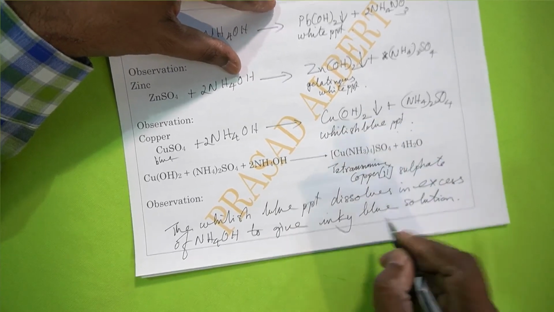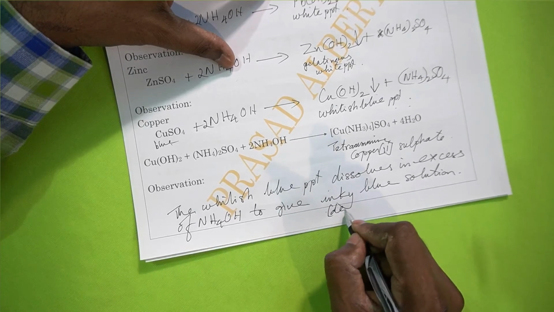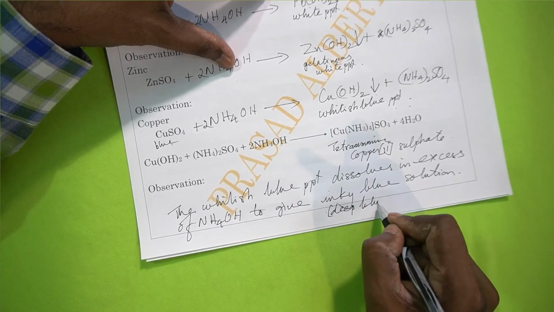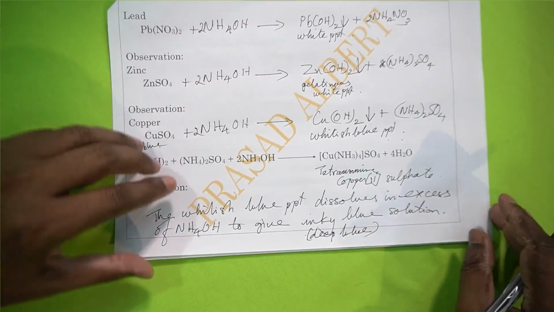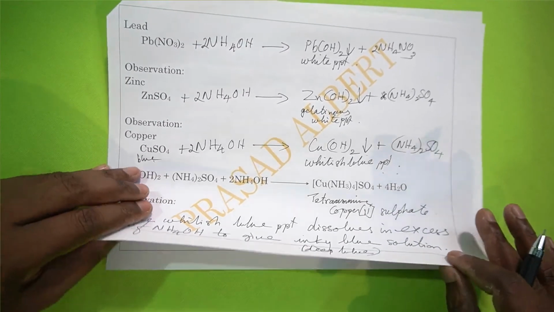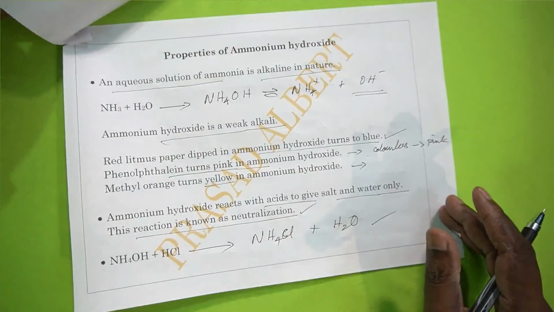This is the observation. Inky blue may otherwise be described as deep blue. So a solution is formed. This is the color change that is happening. This is an important observation.